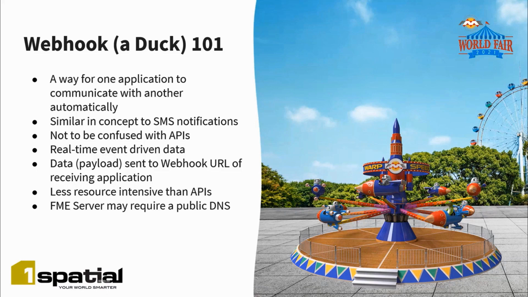An event in an application occurs, a change to a feature in ArcGIS Online, for example, that triggers change data to be sent in near real time to a unique webhook URL, the web equivalent of a phone number, if you like, set up in FME Server. This data payload is then processed by FME Server, which inserts the change data into the destination dataset, perhaps a new row in Google Sheets. In fact, it is this example that I shall demonstrate shortly.